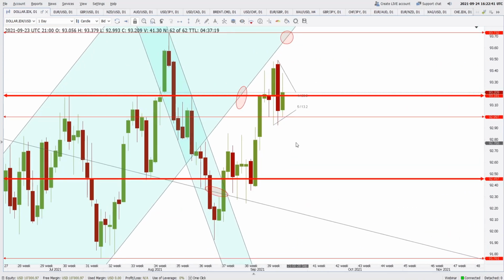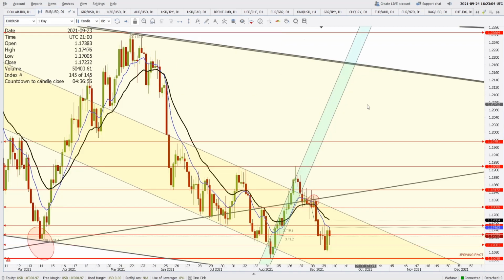So my friends, the next level of resistance for the dollar index is 93.73, and if it closes below 93.18, then where is the support? The first level of support is 92.99, or you can also say the 93 area, and after that it is 92.45, which may act as a support for the dollar index.